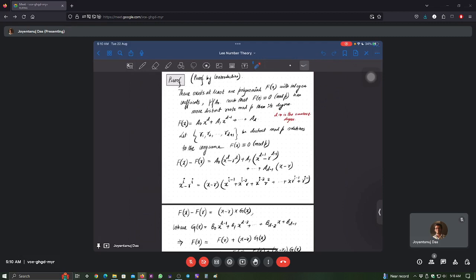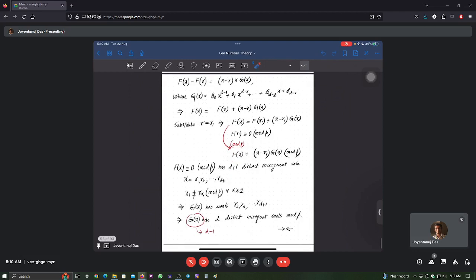Just scroll down a little bit. Yes. Okay, so in the previous line, you're saying gx has roots from 2 to d plus 1. Gx has d distinct roots, R2, R3 up to Rd plus 1.